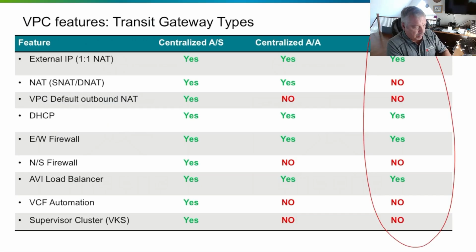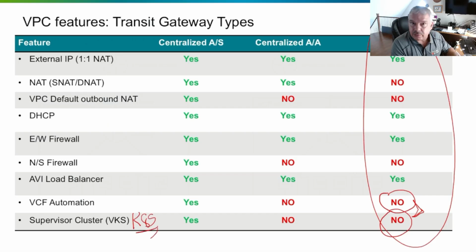Down to the last two on the bottom, there is VCF automation and the supervisor cluster, right? So if you're going to be playing with VCF automation more from a supervisor cluster perspective, in other words, I'm not a Kubernetes guy, but this is like Kubernetes, Tanzu, that type of stuff. Again, don't crucify me too much on that. I'm not a Kubernetes or Tanzu guy, right? If you want to play with that, then you can't use this.